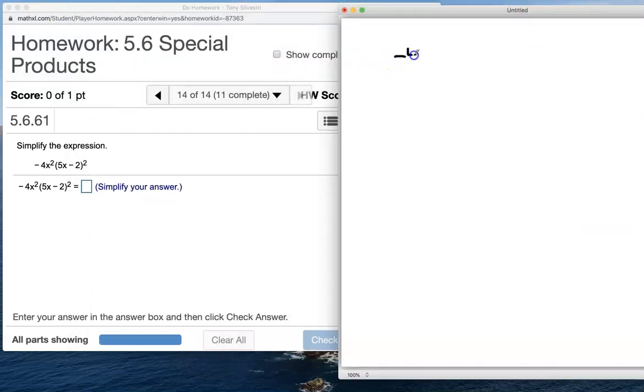I'm going to say minus 4x squared. Copy that. I'm going to expand this bundle that's being squared. So I'm going to say 5x minus 2, 5x minus 2. I'm going to do a first, outer, inner, last. So I'm going to get 25x squared. That's the first.